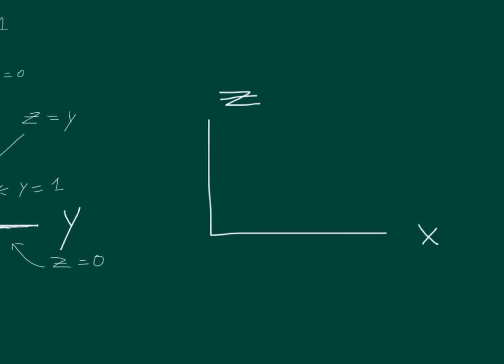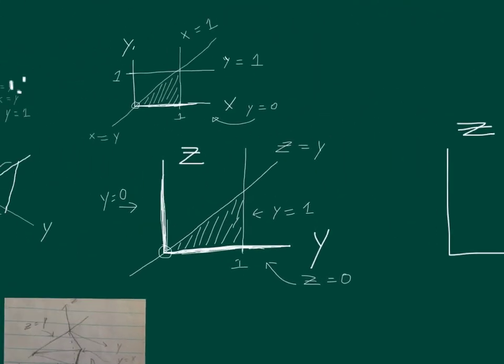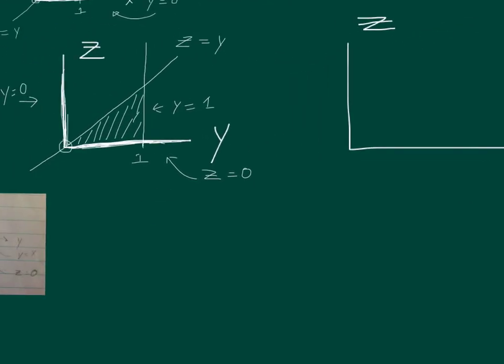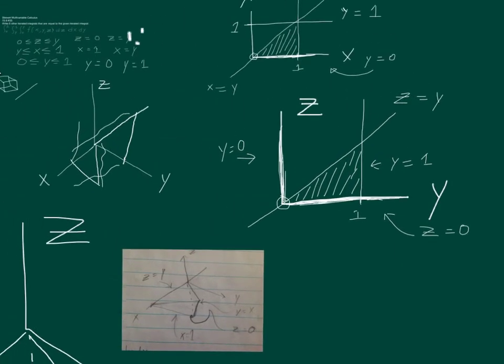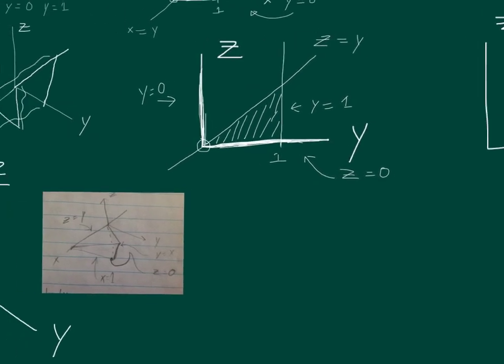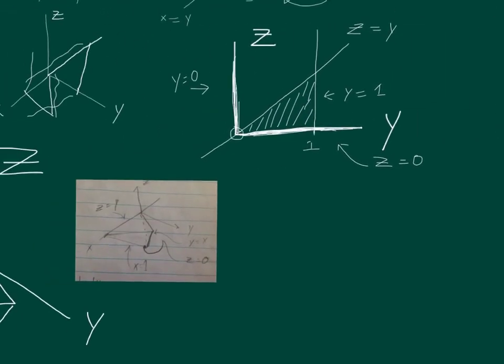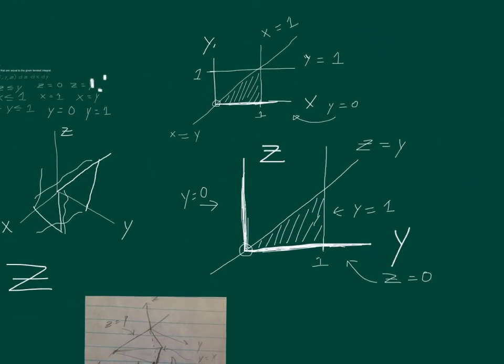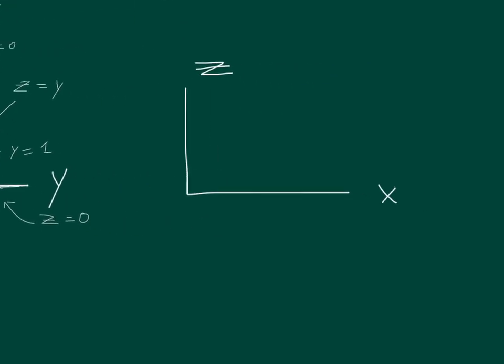So on the zx plane, we've already created our figure with all of these equations, and it's unnecessary, but it's also pretty nice to view it from the zx plane. So I'll go ahead and graph our function in x, which is x is equal to 1. If we assume this is the point x is equal to 1, x is equal to 1 would extend upward, a vertical line, at the point x is equal to 1.